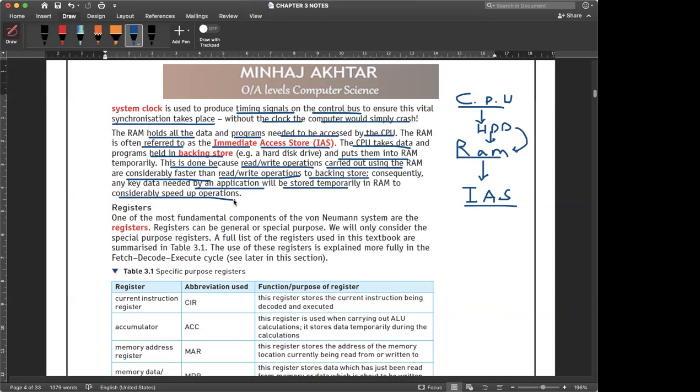So when you want to use any program, you double click on it, and it is transported from the hard drive to RAM. Why? Because we need speed. We need faster computing. So the RAM will hold the program for some time. This is all done with the help of RAM, and there is a system clock which is going to maintain the timing signal.